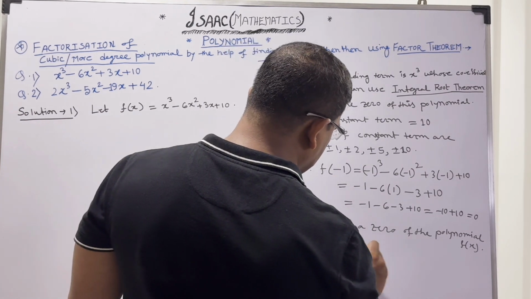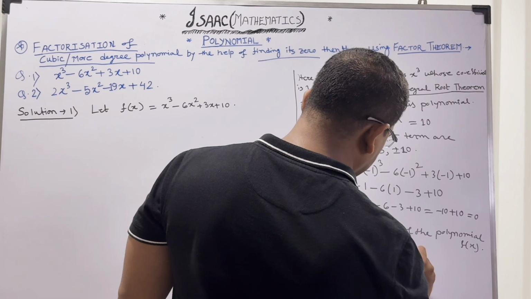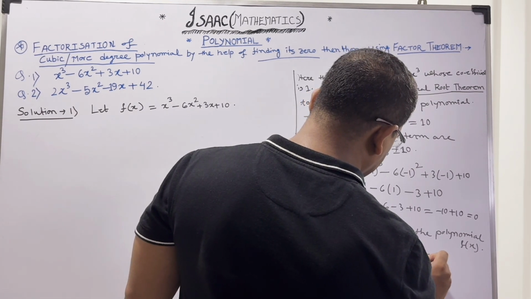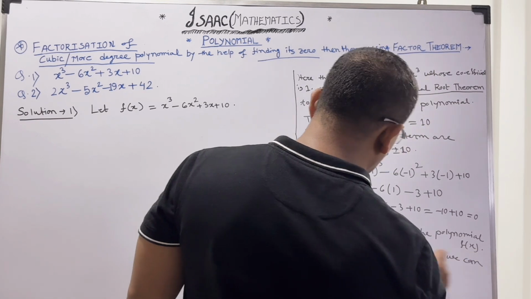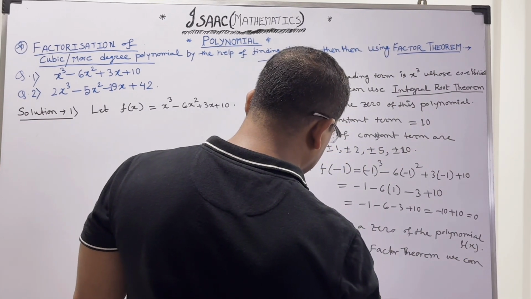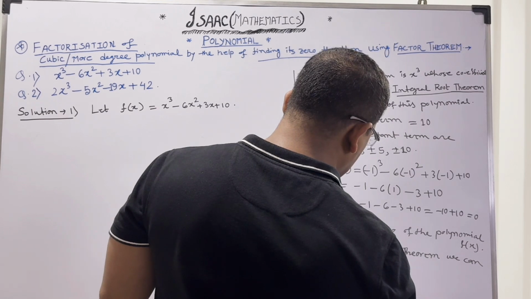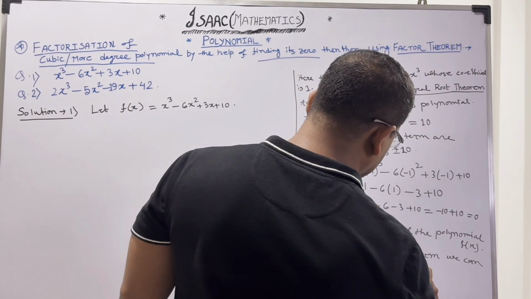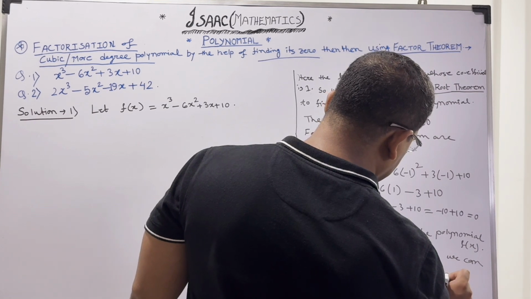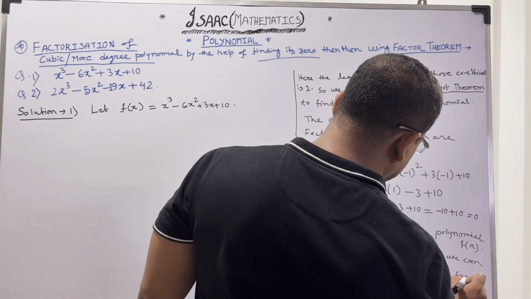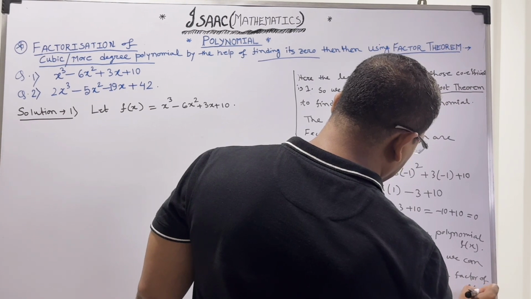So therefore, by the factor theorem, we can say that x minus of minus 1, that is x plus 1, is a factor of the polynomial f of x.